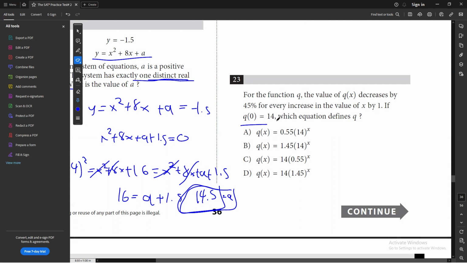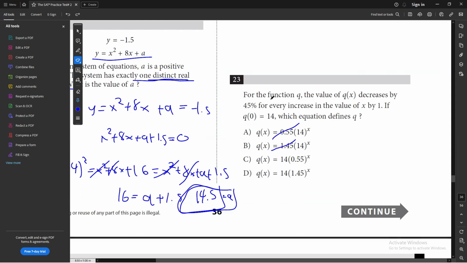Confirm that if it's equal to 14, it might be a correct answer. So you can eliminate some answers, which will be very helpful for us. If I plug 0 in here, it's going to be 14 times 1, times 0.55, and my answer is going to be 0.55. I don't want that. This one is going to be 1.45, and these are going to be 14.